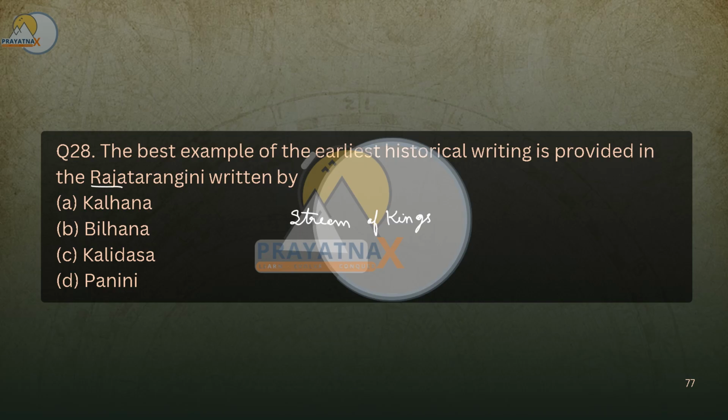So this was written by Kalhana, and this was written in the 12th century. Now it also contains a series of biographies of various kings of Kashmir. So the correct option would be Kalhana. Moving on to the next question.